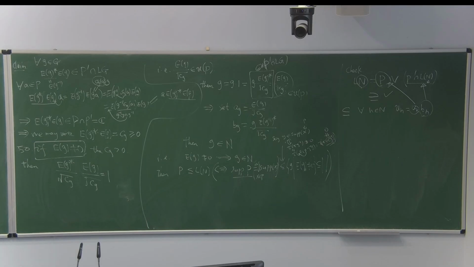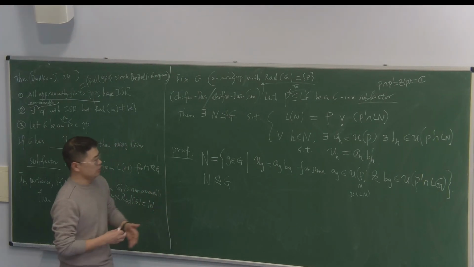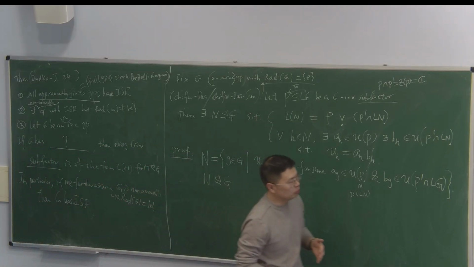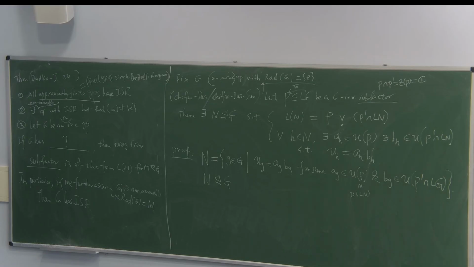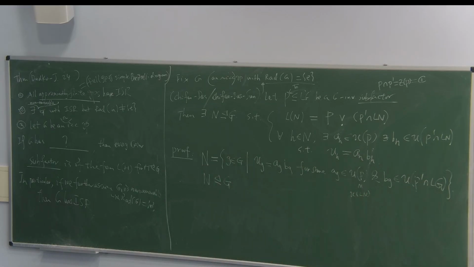Now to continue the proof, remember that we want to deduce G has ISR, so we want to deduce P comes from a normal subgroup. The natural thing to do is to claim the following.